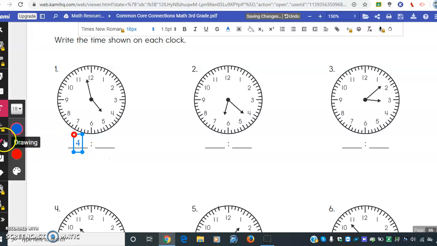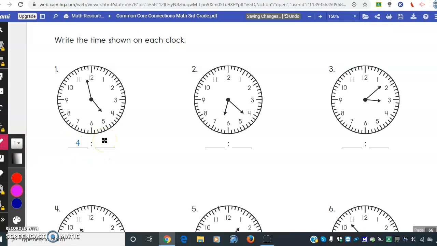And for our minutes, we're going to count by 5s as far as we can. The minute hand is pointing way up here.